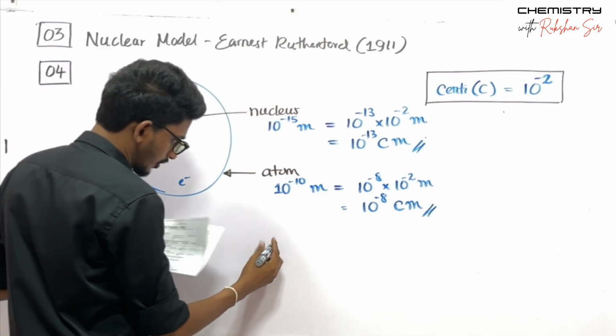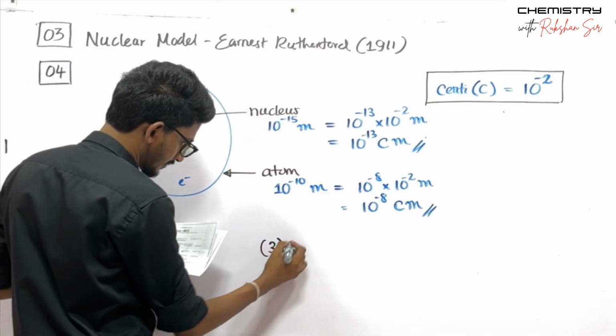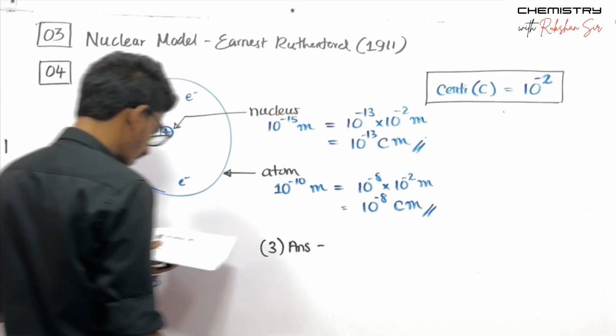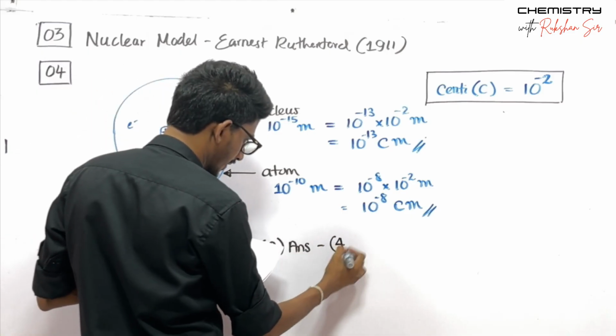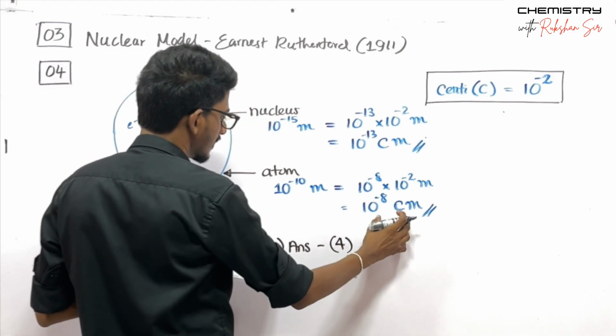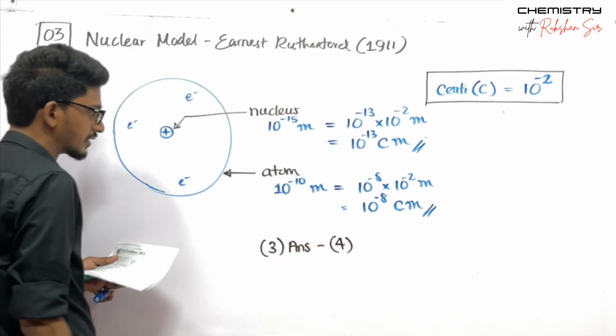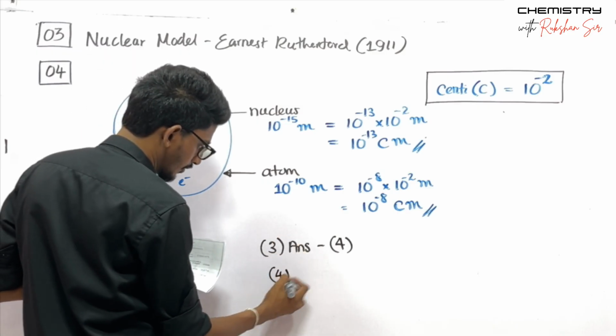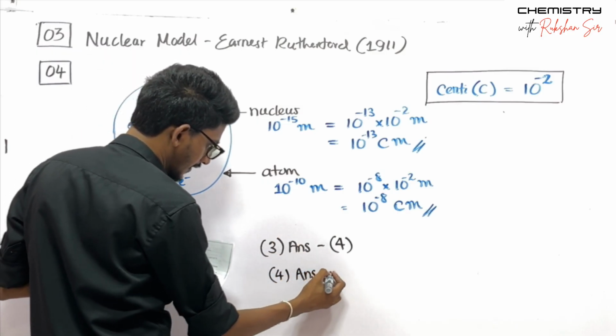So for question number 3, the answer is answer number 4, 10 to the power minus 8 centimeters. That is the size of the atomic radius. And question number 4 is looking for the size of the nuclear radius.